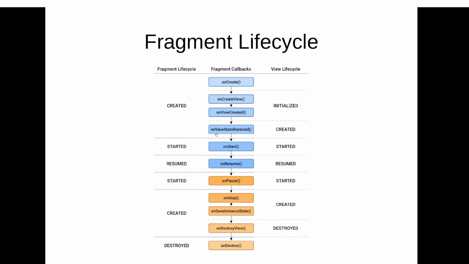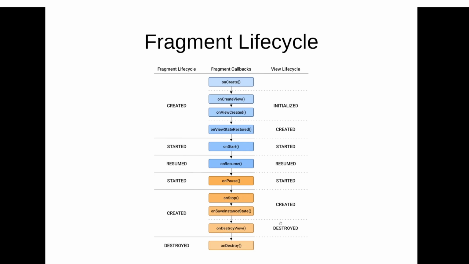So here we see three callback functions introduced that do not exist for an activity, but again, they all relate to specific state transitions that can occur for a fragment. From onResume, we can have onPause. We can transition from there to onStop. OnSaveInstanceState, we know that this is a callback that does in fact exist for an activity.